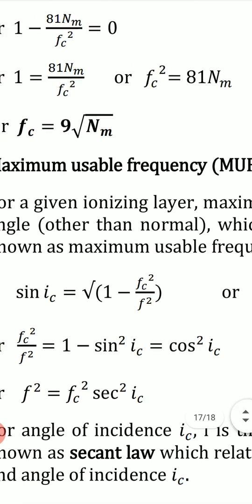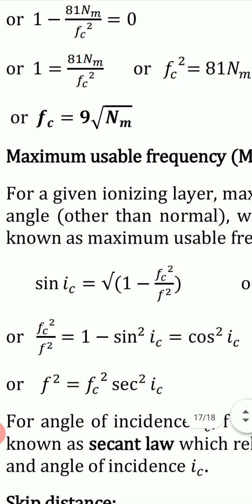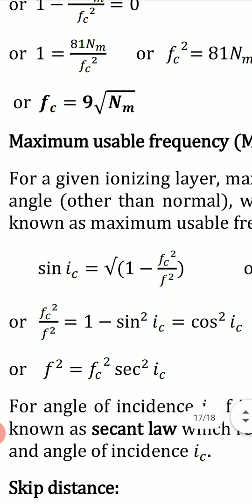So we have two frequencies. One is FC, critical frequency. It is the maximum frequency of radio wave which can be reflected back. And now we will find the maximum usable frequency.